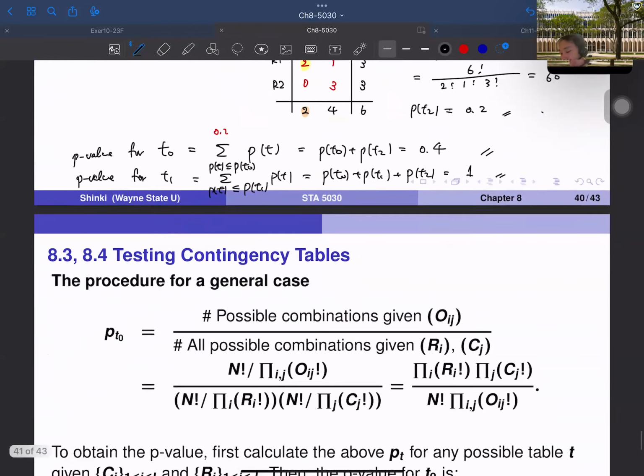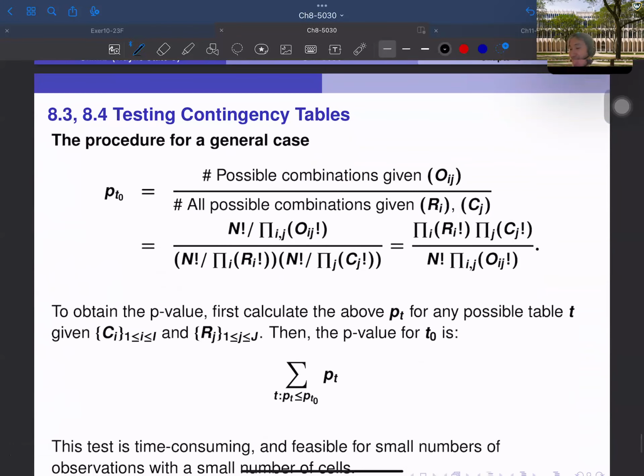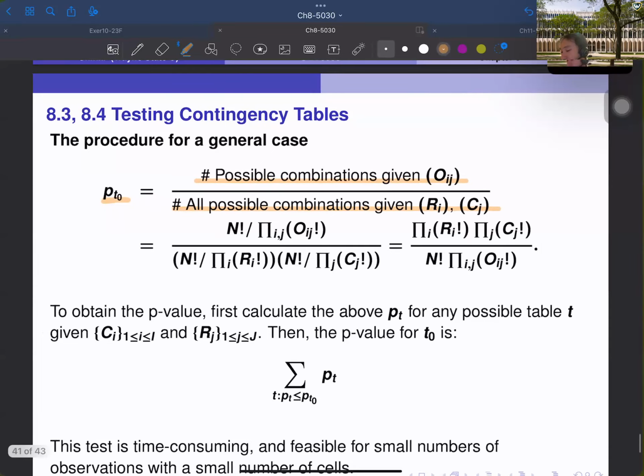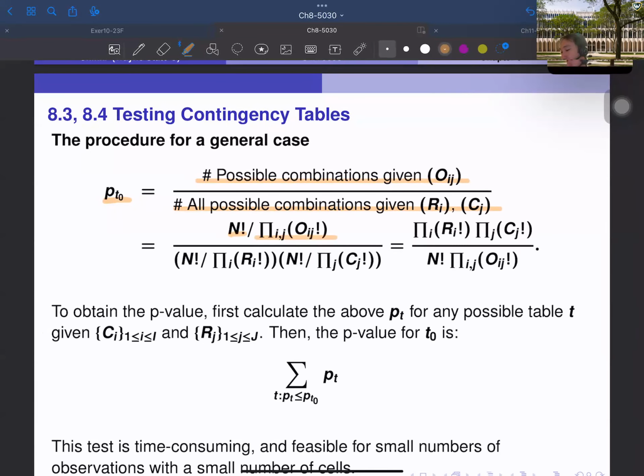And so in general, we can calculate the probability of T0 in this way: the number of possible combinations given the O_ij divided by all possible combinations given the marginal distributions. And the numerator is n factorial divided by the product of all O_ij factorial. So in the previous page, we have seen that we divided 6 factorial by 1 factorial, 1 factorial, 2 factorial, 2 factorial, or something like that.